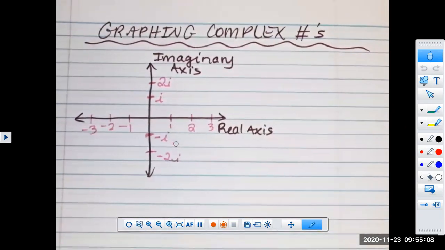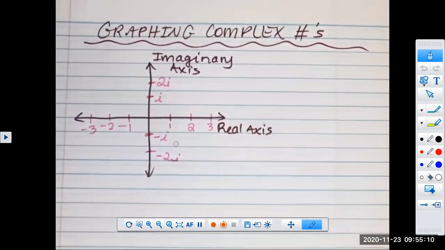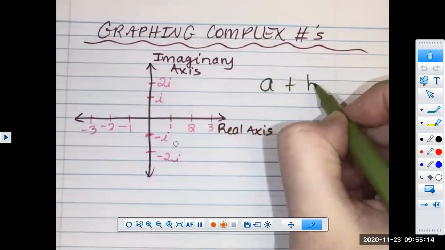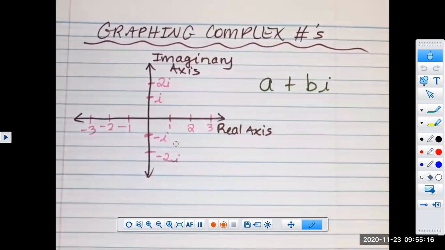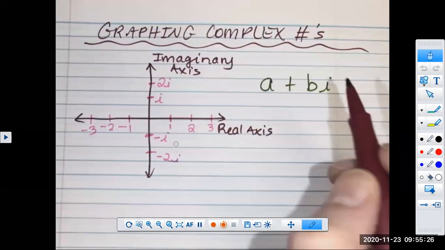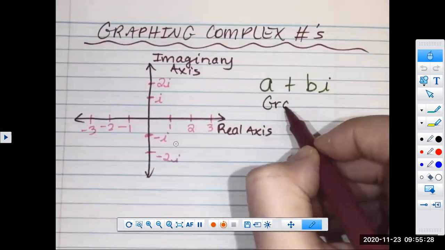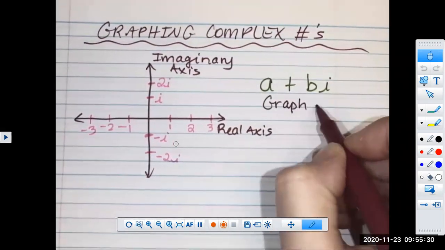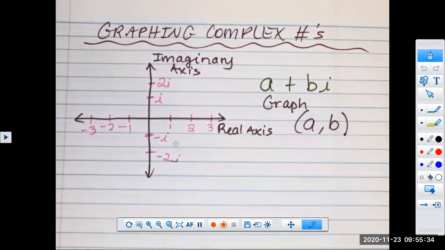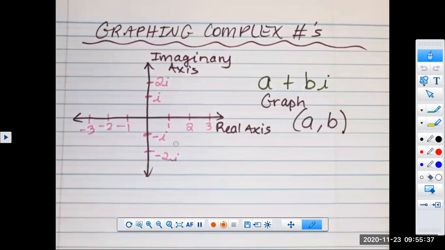So if you have the complex number a plus bi and you were asked to plot that complex number, whatever your real number part is, you're going to graph the point a, b, just like you would an ordered pair in the coordinate plane.